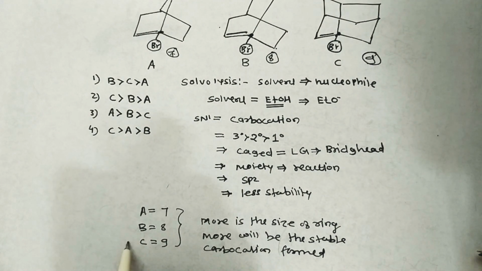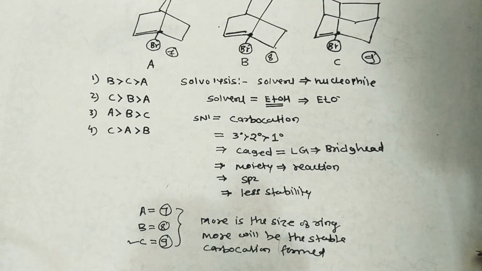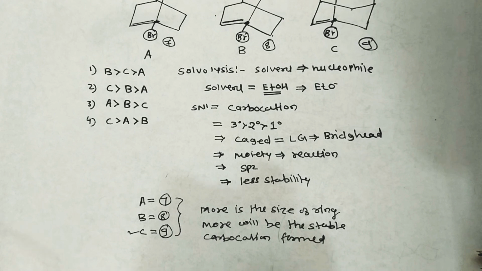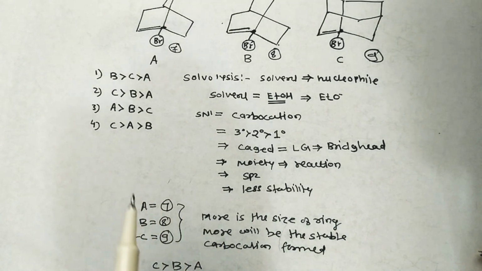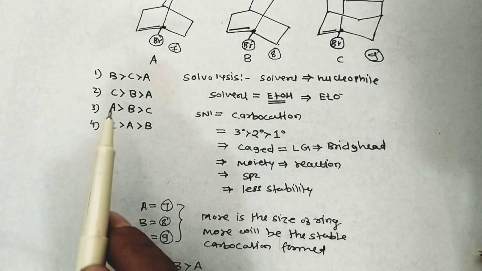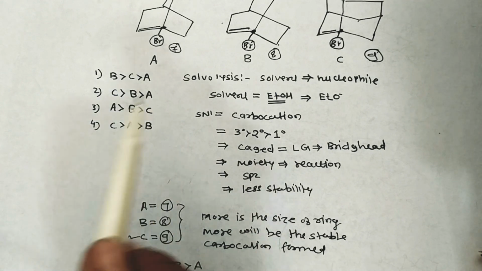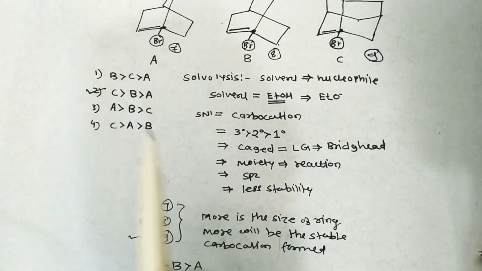So in case of the C ring, the carbocation forms rapidly, then B and then A. Therefore, C is going to react very fast compared to B, and B is going to react faster than the A ring. Therefore, the correct order of solvolysis is CBA. Therefore, the second option is the correct option.